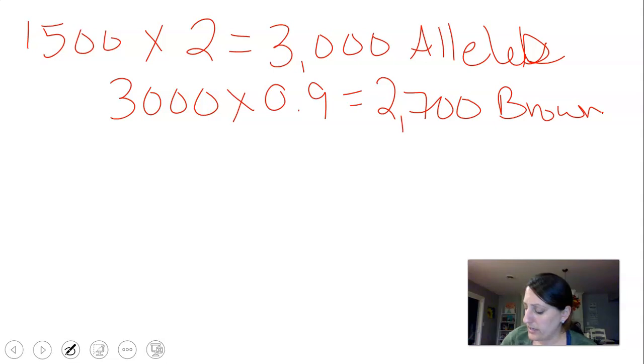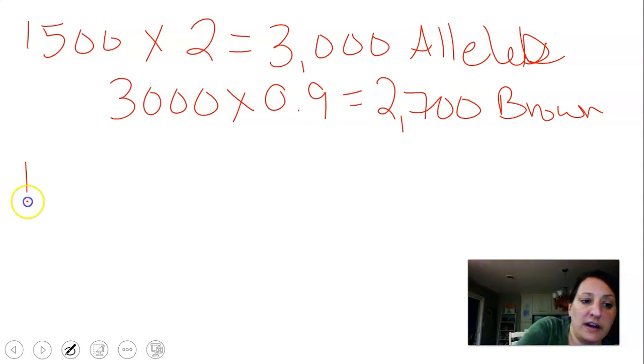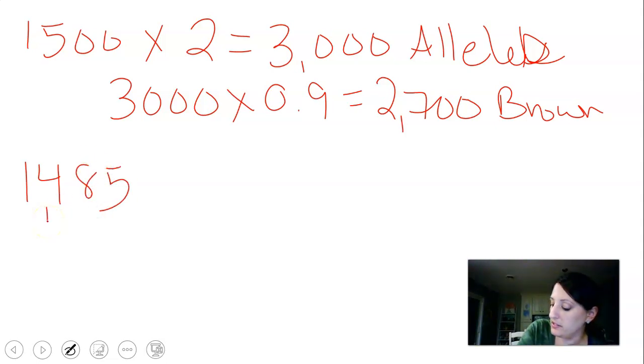So we could either do 3,000 minus 30, or you could use your answer from part C, which was 1,485. So we said that 1,485 people remained after we lost the 15.